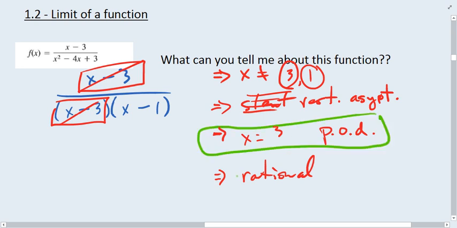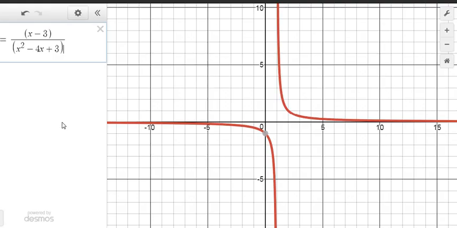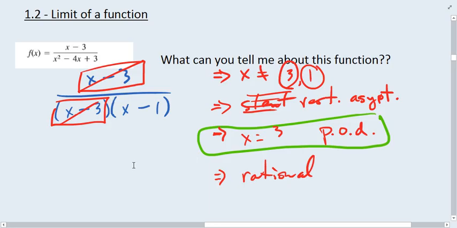Point of discontinuity. I'm going to show you the graph here. So here's the graph for this rational function. There is a vertical asymptote right here at x equals 1. That's one of our restricted values. Notice, from the notes from pre-calculus 30, if it does not get divided out and it's a restricted value in the denominator, it's a vertical asymptote.